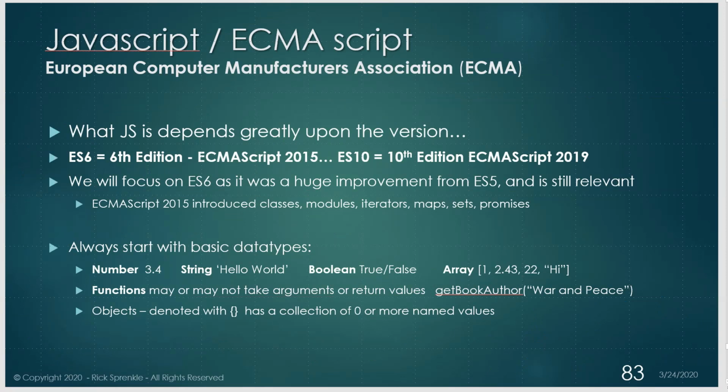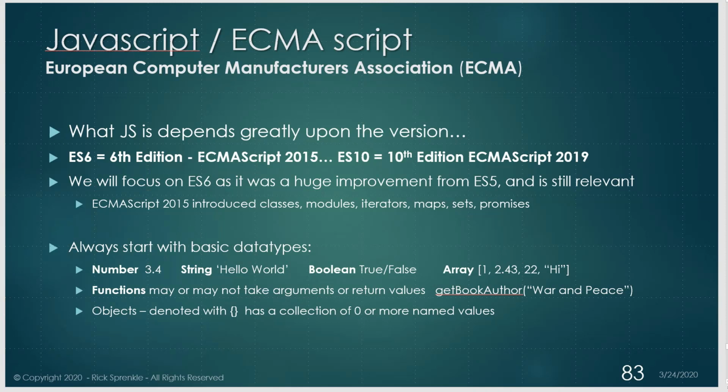So JavaScript, and probably we should cover this right at the top, the proper name is ECMAscript. ECMA coming from the acronym for European Computer Manufacturers Association. And when we talk about ECMAscript or JavaScript, it depends greatly upon the version. It's been around for many years, as you probably know.